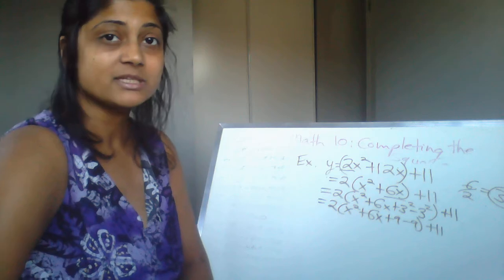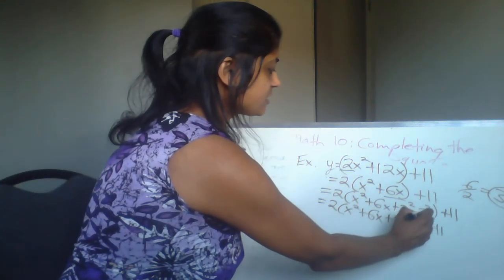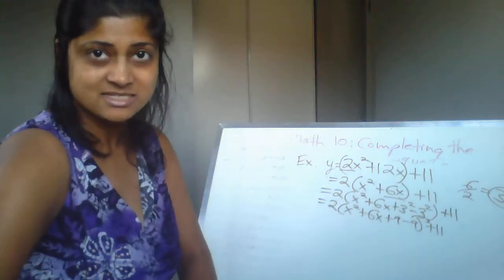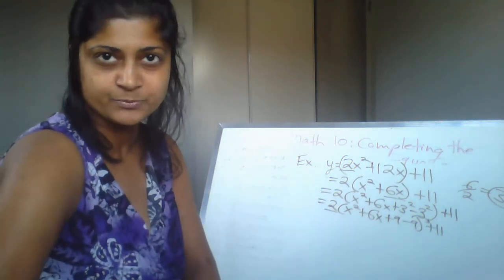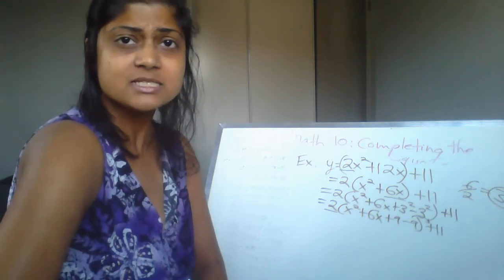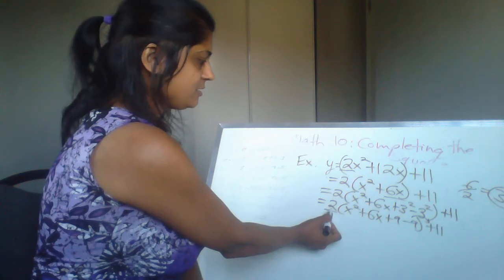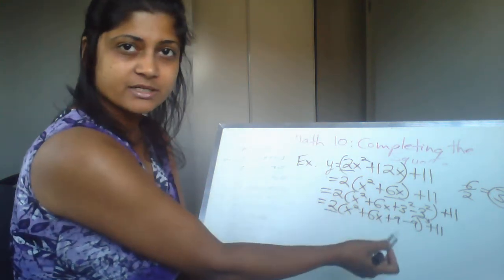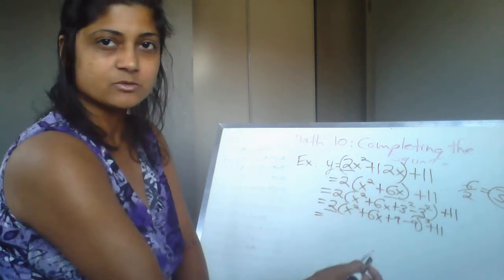Okay, so now the next step is actually really important. I'm going to draw the arrow like we did last time, but I have to make sure I take the 2 into consideration here. Anytime I take something out of the brackets, I have to multiply it by 2. So I want to take the negative 9 outside the brackets, but I can't just take out the negative 9.